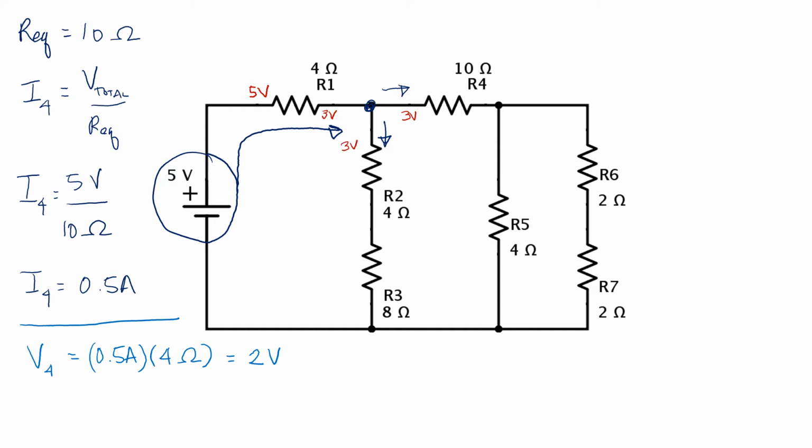I've dropped 2. These are all at 3 volts. When I get to the other side of this piece, I have to be back at 0 volts. So as I work my way through this loop, I drop 2 volts. Between the two of these, I drop another 3, and I'm back to the battery.